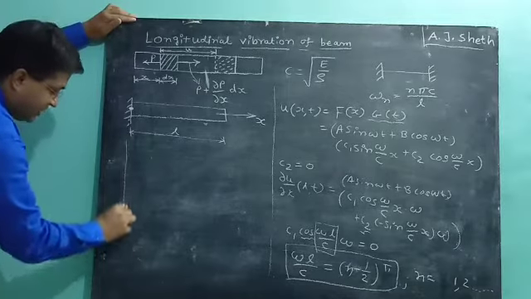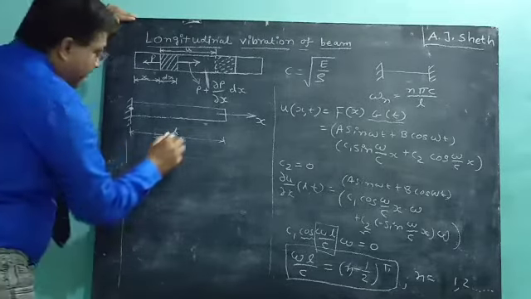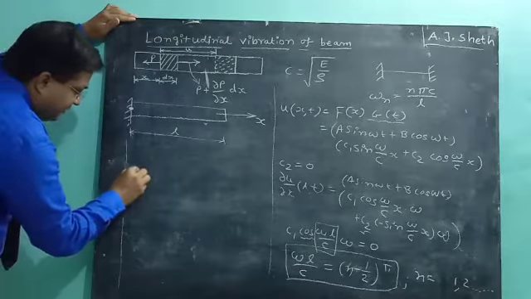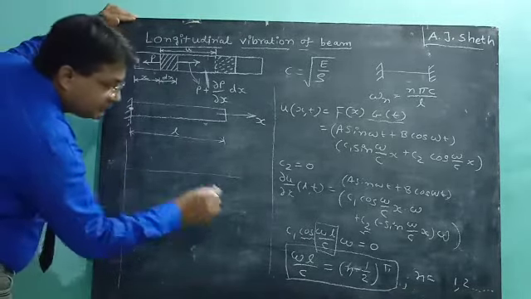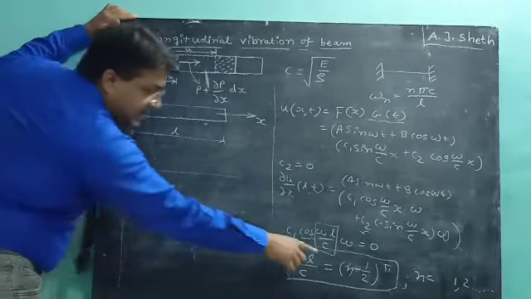So the first mode shape is, this is the neutral line, and the first mode shape with n equal to 1.